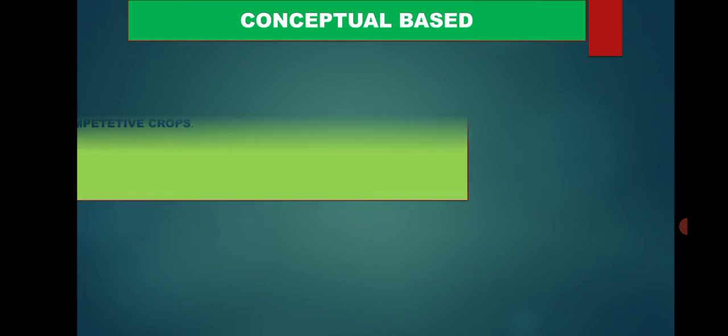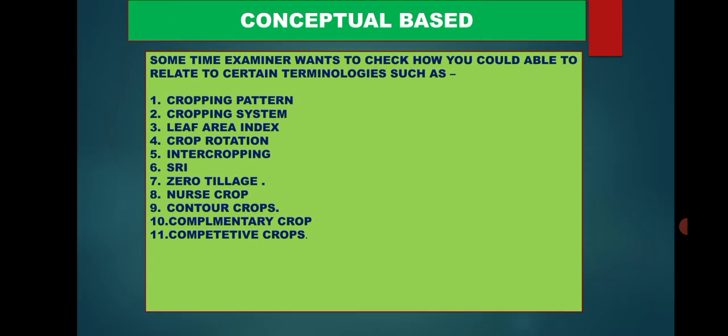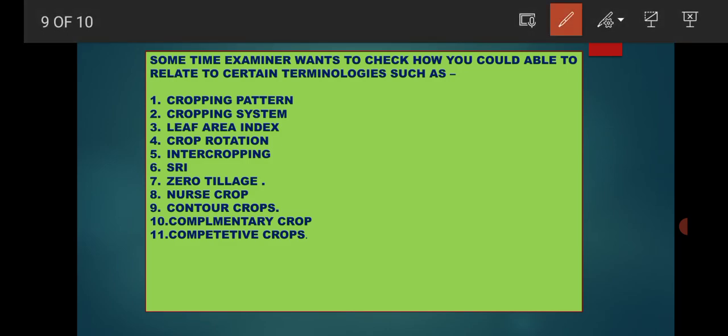Next is conceptual based questions. See guys, here examiners want to check how you are able to relate certain terminologies in the exam. Sometimes they will give the definition, then you have to relate what that is, whether it is cropping pattern, cropping system or leaf area index.